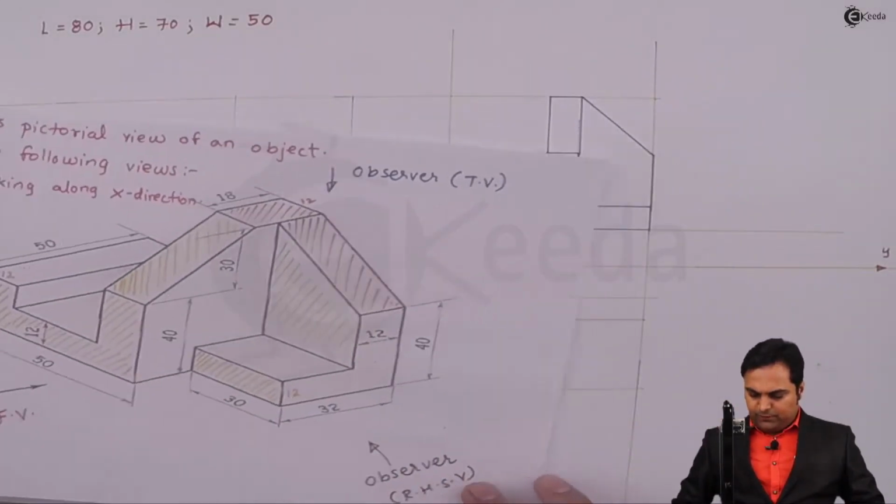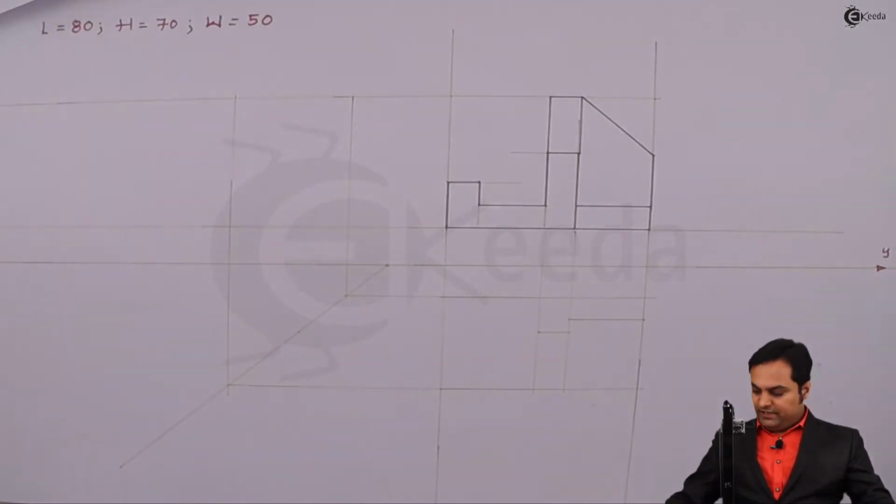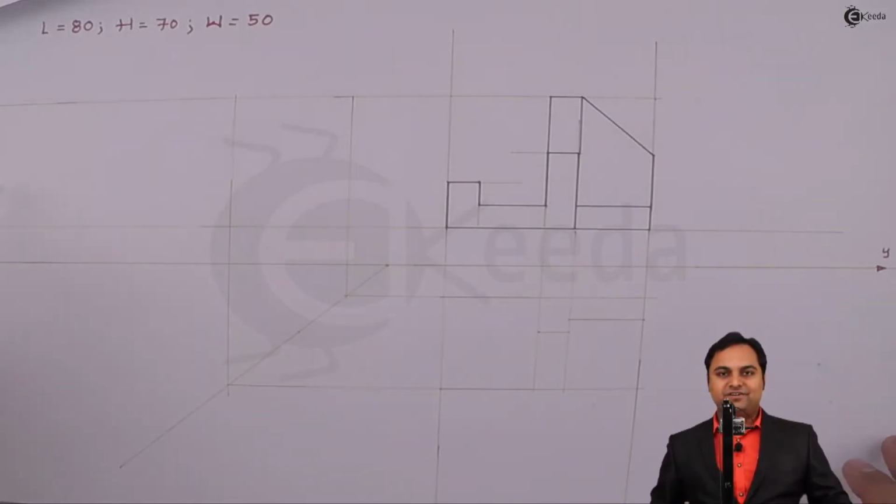As we are looking from top, here this rectangle is also visible. So I'll make it dark step by step, whatever is seen, so that we don't have any confusion here.